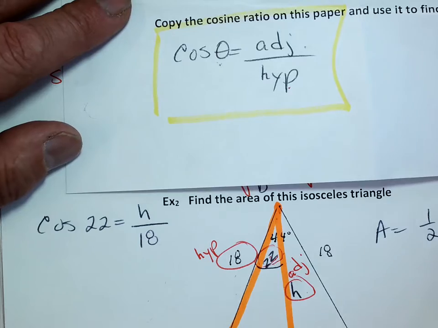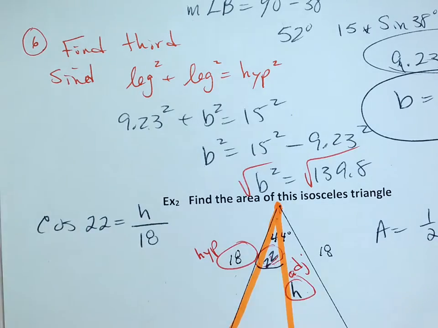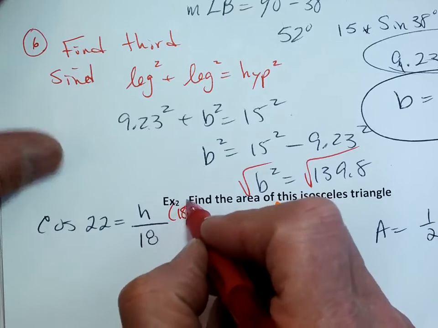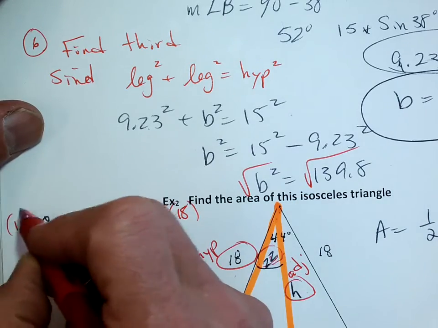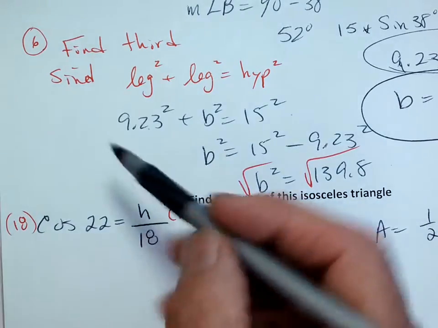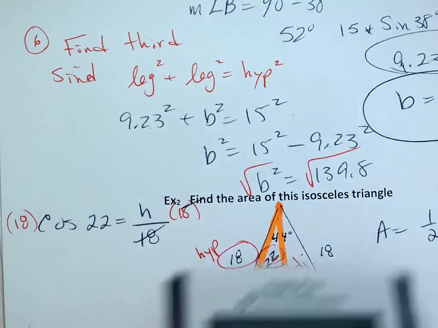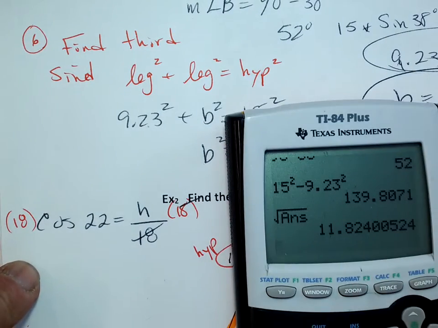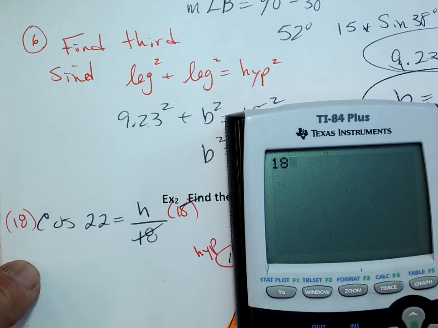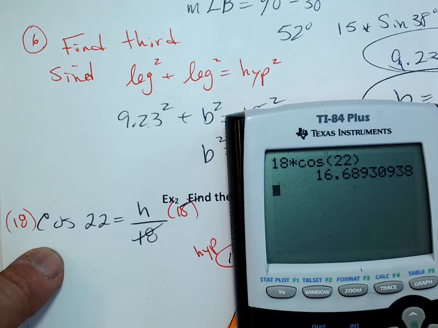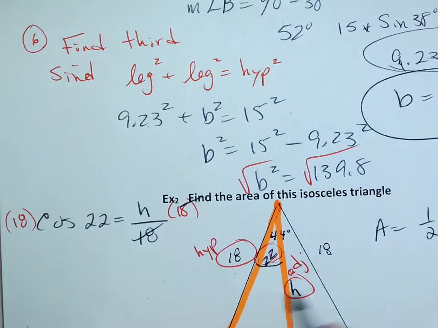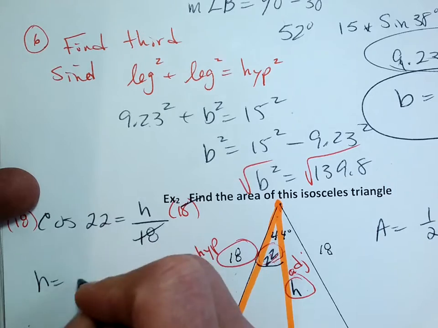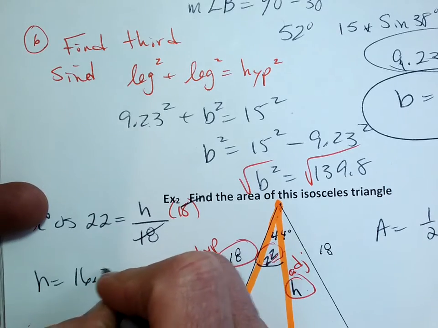I will solve this by multiplying, so times 18, times 18. I'll use my calculator. 18 times the cosine of 22, and I get an answer of about 16.7. So the height is 16.7.